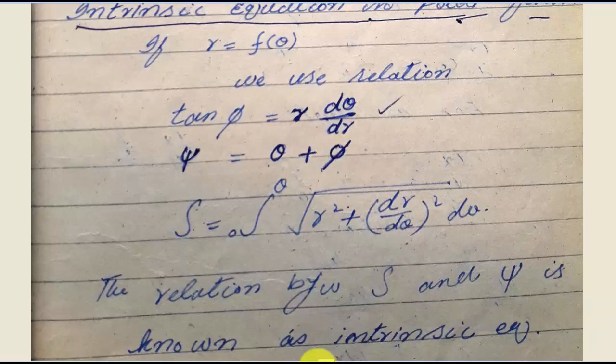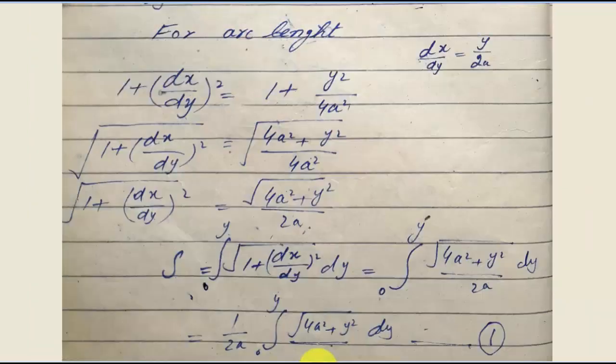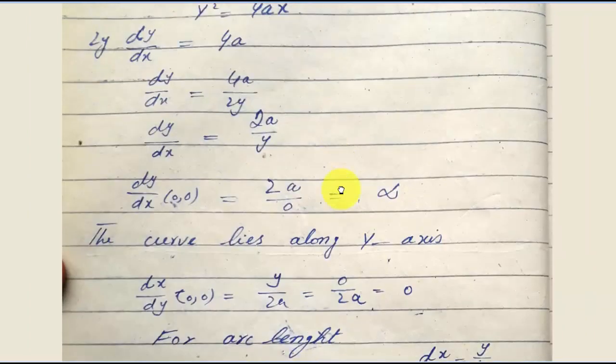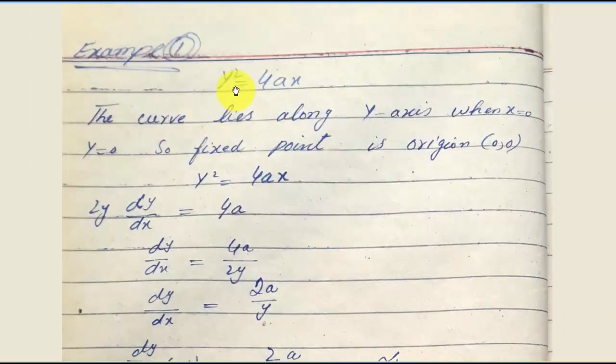Let's look at an example for further clarification. Example 1: y square is equal to 4ax. The curve passes through x equal to 0, y equal to 0, so the fixed point is the origin (0, 0). Y square is equal to 4ax.